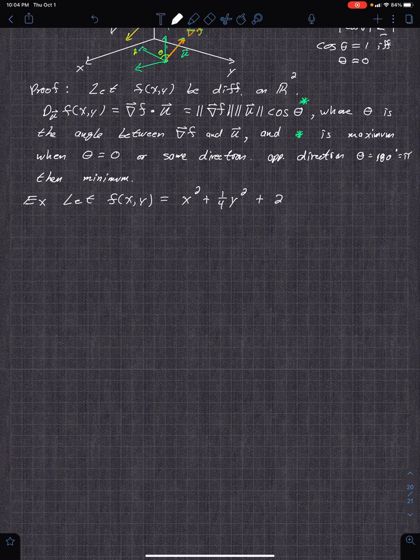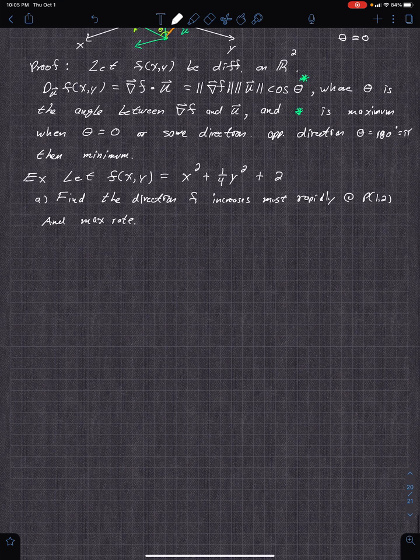All right, so part A: find the direction f increases most rapidly at (1, 2), and the maximum rate.